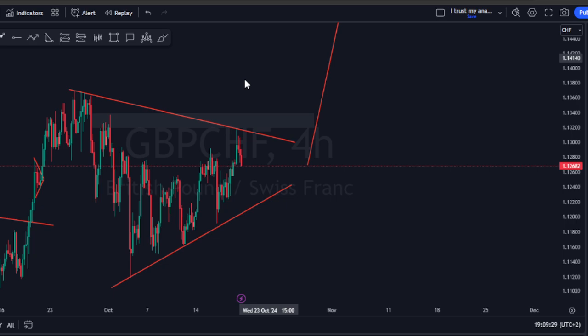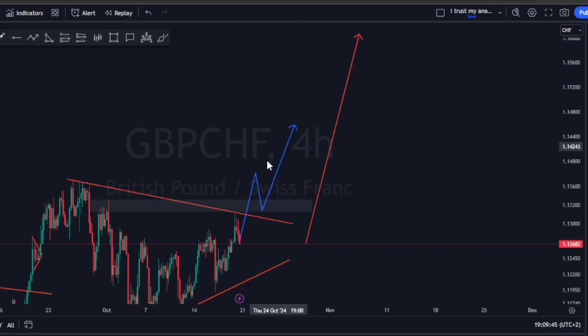I'll be waiting for price to break out, give me a retest and a push to the upside. So that's the first entry. This zone for me just adds more confluence. Price can either retest at the zone or retest at the diagonal support as well.